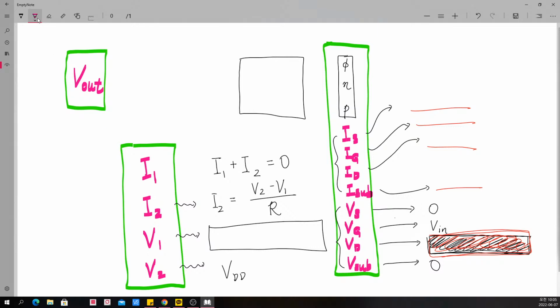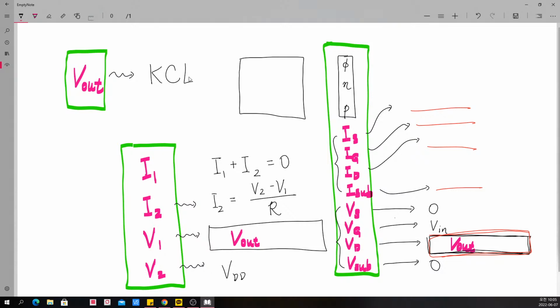For V1, it is equal to V out. In the case of our VD, the drain voltage, we can also say that it should be equal to V out. And in the case of V out itself, now we can introduce KCL.